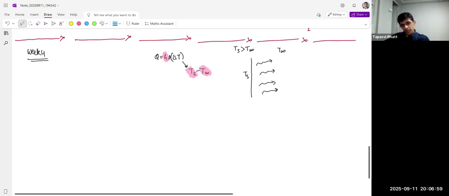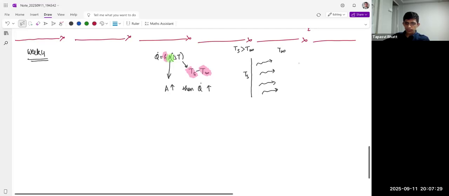Whatever air is present, its density, its temperature, and its speed, depending on that, H is decided. But what's in our hands and what's good is the area. So this is what people exploit. If you increase area, then Q dot increases as well.